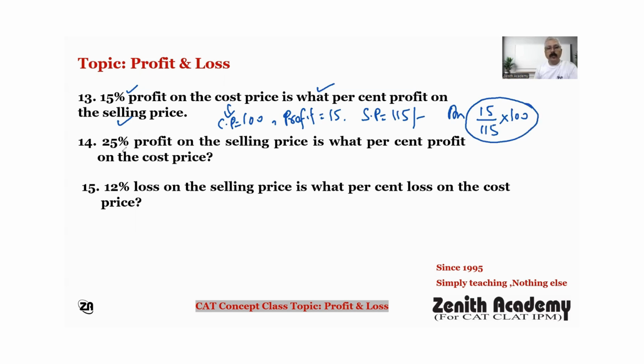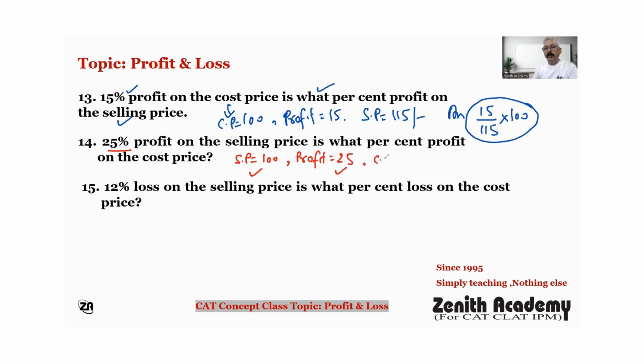Next, 25% profit on the selling price. Suppose selling price is 100 and profit is 25 rupees on selling price. Now the question is, 25% profit on the selling price is what percent profit on the cost price? 100 is selling price, 25 is profit.